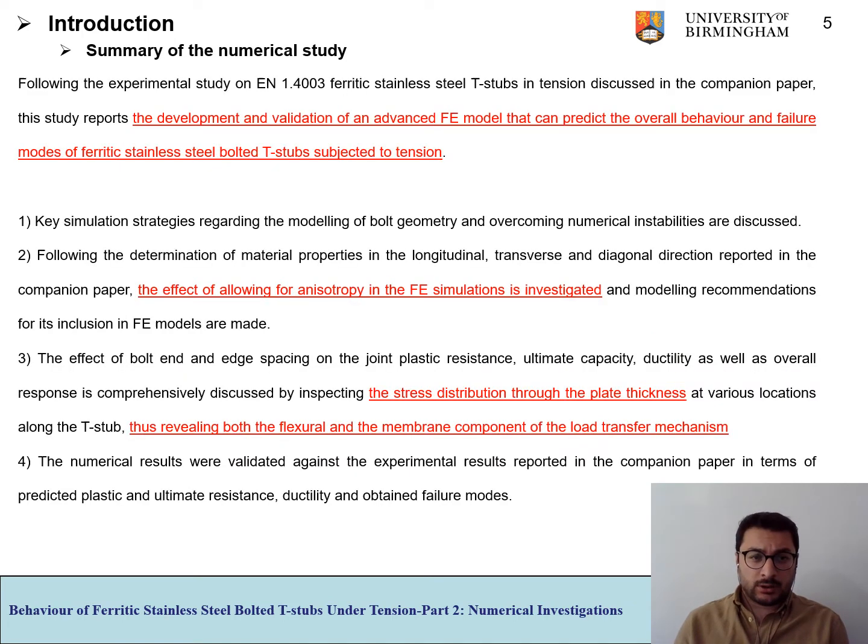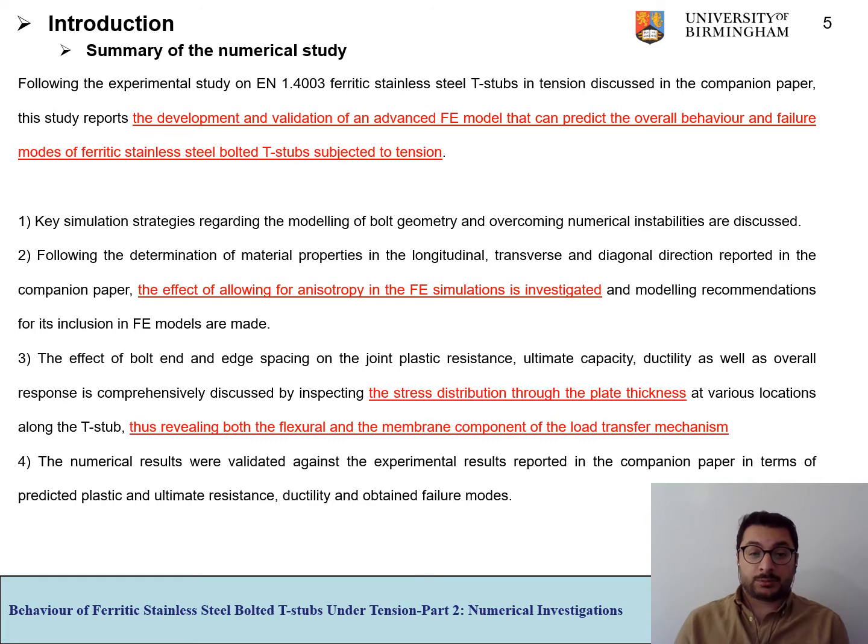So, if we summarize, this numerical study is based on the development and validation of an advanced finite element model that can predict the overall behavior and failure modes of ferritic stainless steel T-stubs subjected to monotonic tension. Key simulation strategies regarding the modeling of bolt geometry and overcoming numerical instabilities are discussed, and also the effect of allowing for anisotropy in the finite element simulation is investigated and modeling recommendations have been made.